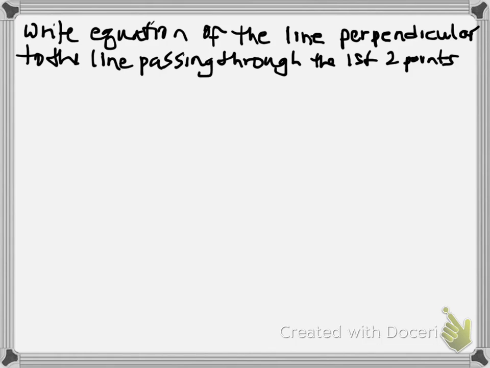So this is a little confusing. I want you to understand the first 2 points represent a line that yours is perpendicular to. Okay? And yours passes through the third point. I know, so this is kind of confusing directions.